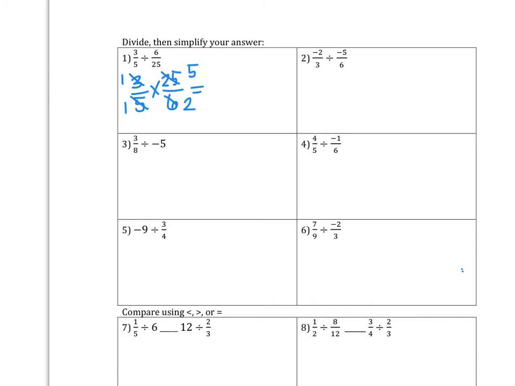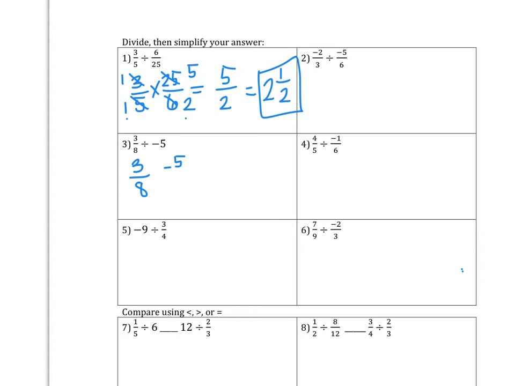I have 1 times 5 is 5. 1 times 2 is 2. It's 5 halves is my answer. I need to turn that into a mixed number, which is 2 and 1/2. I'm now going to come down and do number 3. 3/8 times, actually, let's do it this way so as not to confuse you.